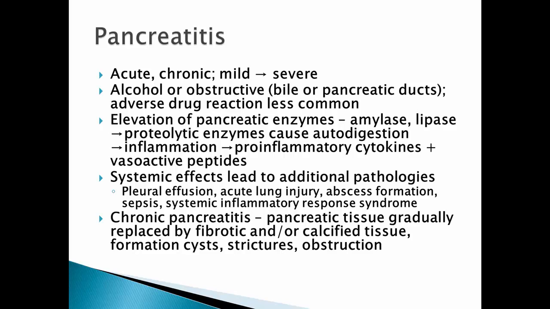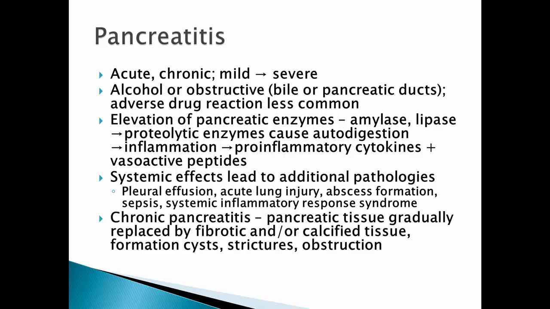Chronic pancreatitis may either be due to repeated or relapsing and frequent acute pancreatitis that becomes chronic and kind of smolders a little bit. But with a chronic pancreatitis, that tissue gradually is replaced by fibrotic or calcified tissue.